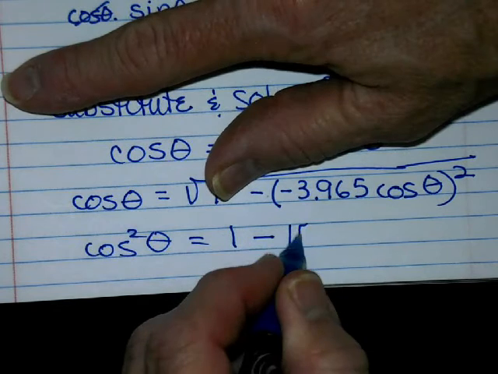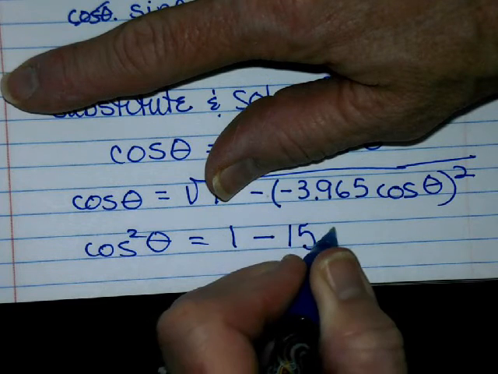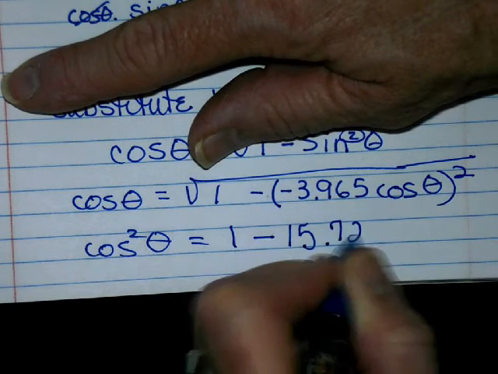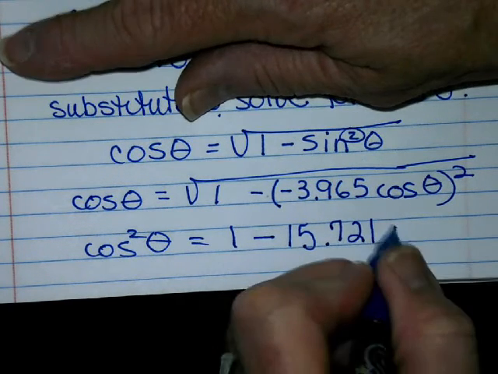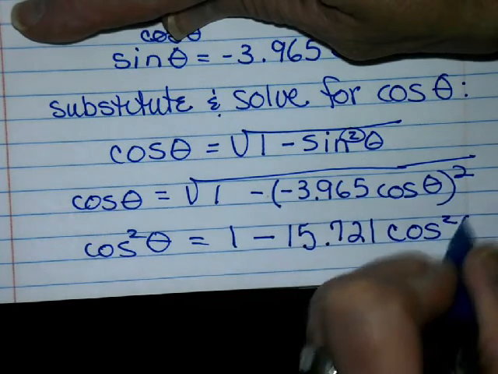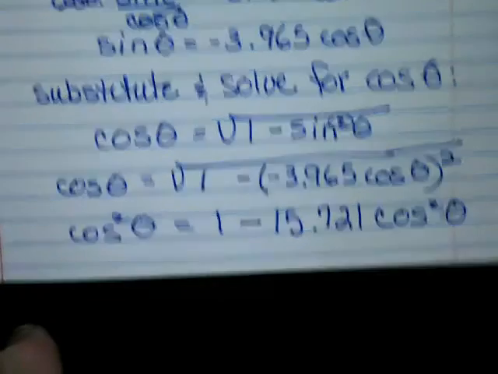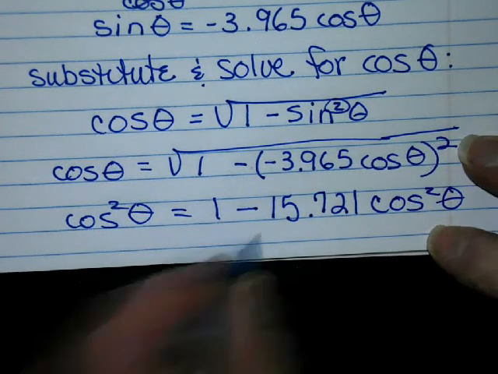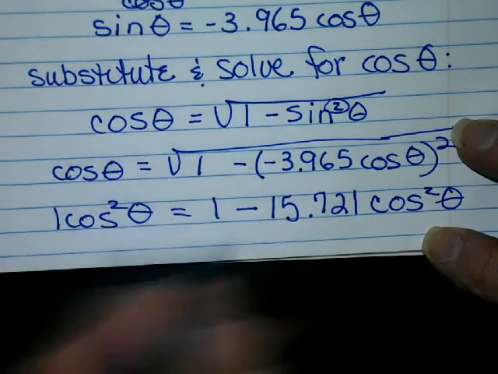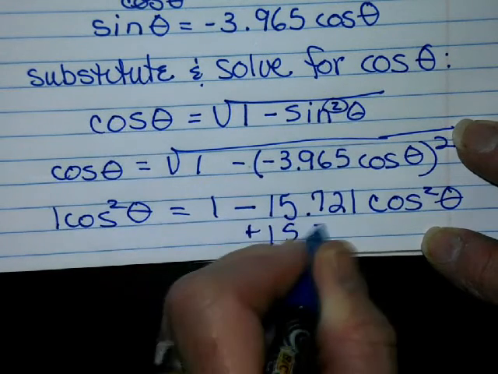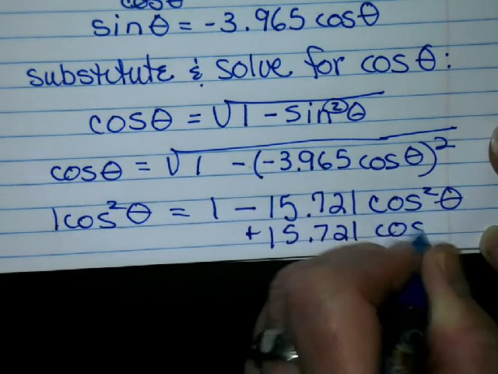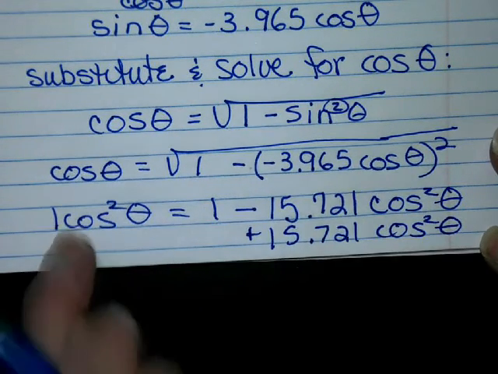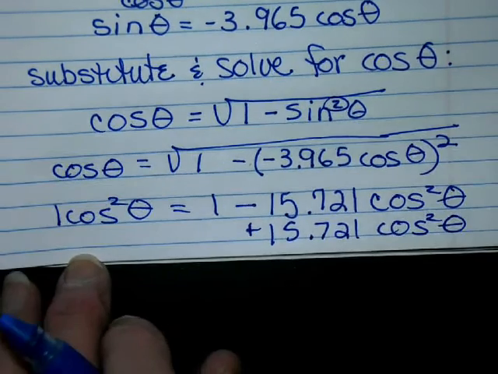Okay, so I get 15.721. I'm going to go ahead and just round it to 3 places, and then I square the cosine. So this squares, and I add this to both sides. Remember, this is 1 cosine squared plus 15.721 cosine squared gives me 16.721.